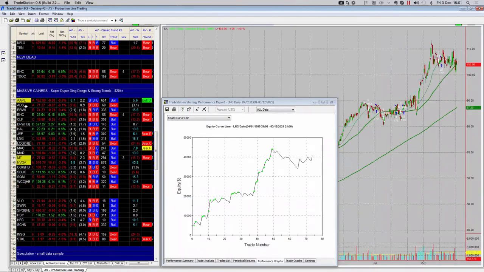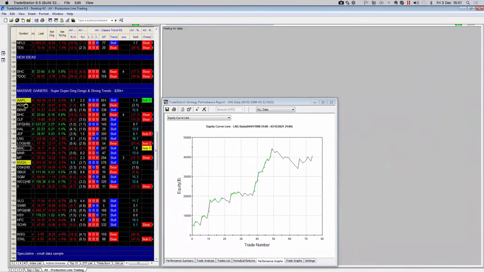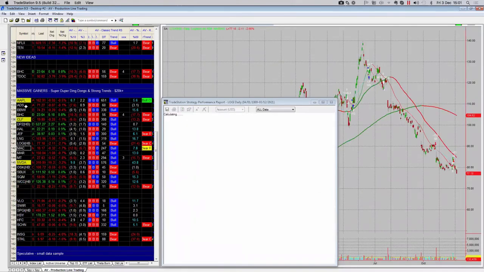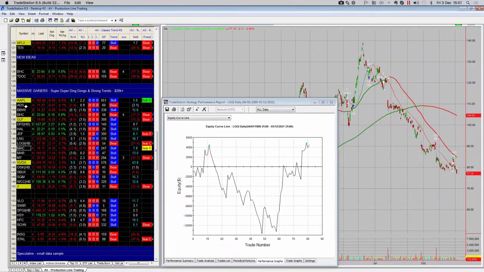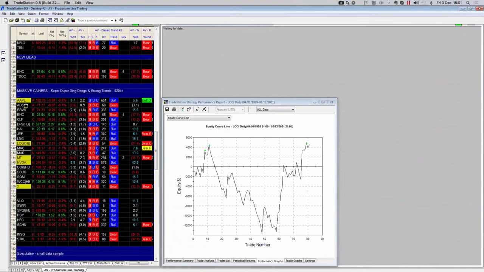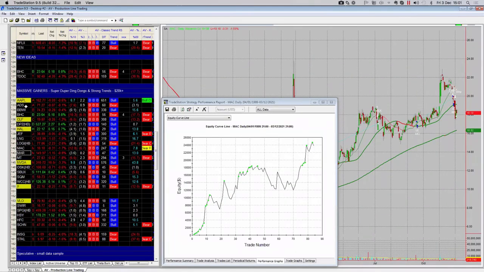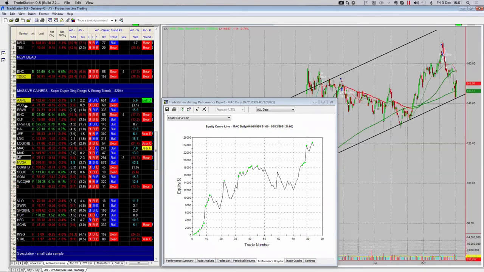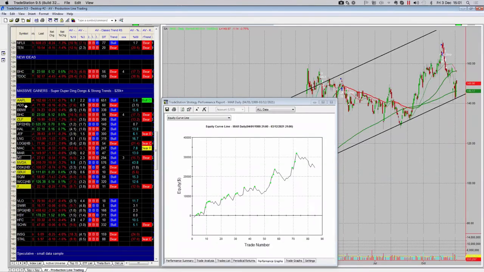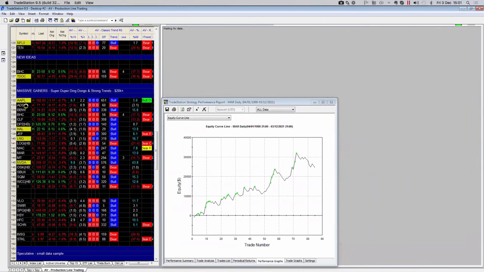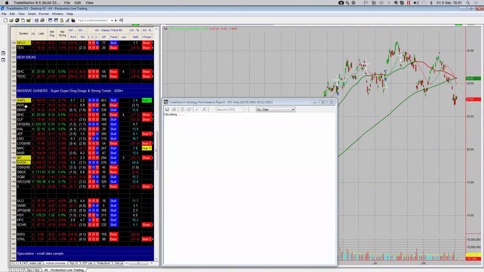Maybe I need some extra analysis. Maybe I need to evaluate the markets. And that for me requires some extra time at the desk to consider a trade entry, like with BHC. I'm going to need some extra information to take a trade on, just because I can't blindly follow some stocks. I can't blindly follow some setups because it just doesn't make sense to follow some of these stocks.